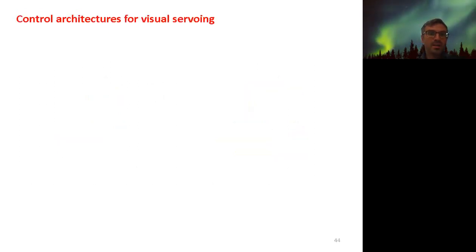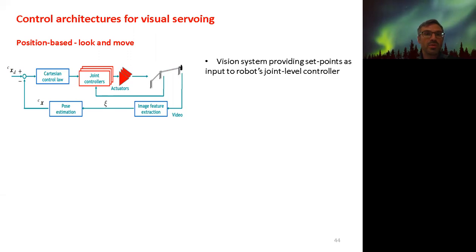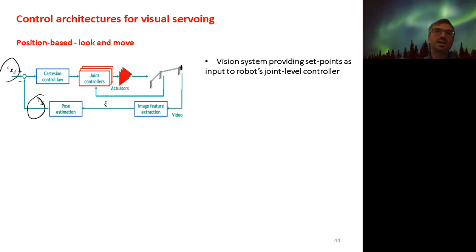And finally, there are two control architectures. As I said, the position-based one, look and move, in essence uses the vision system just to provide set points. From an estimate of the position of the camera, for example, and given a certain set point, you create a task Cartesian error, and you can use our joint controller to close the loop and track the position of the end effector.